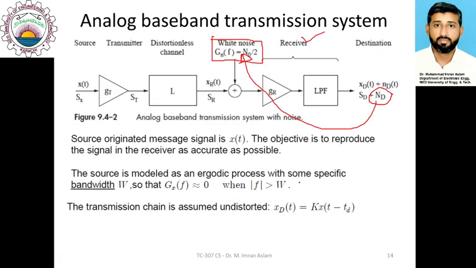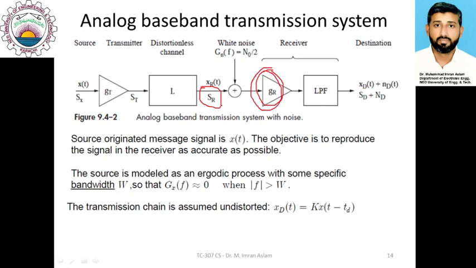The second important thing is the receiver gain. There is an amplifier used in the receiver because generally this SR is very small, and sometimes it becomes hard to detect. So it is very important to amplify the received power so that we get a significant amount of power at the destination side. However, you should note that this GR at the receiver side does not affect the overall signal to noise ratio.